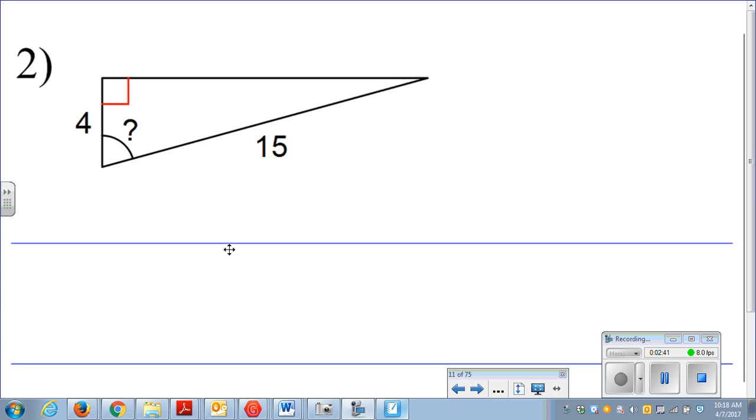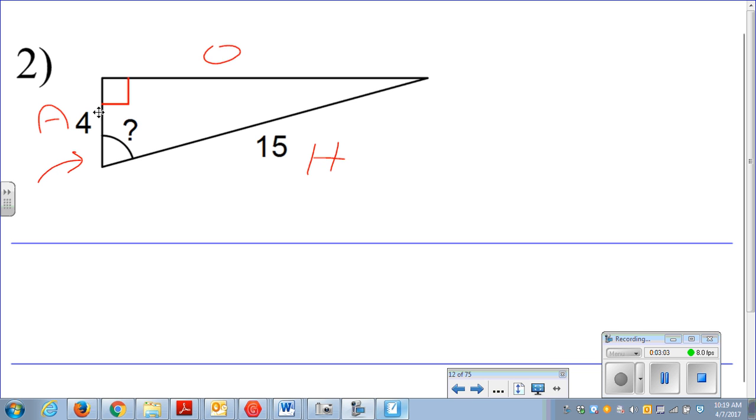On this problem, you're looking for the angle. In order to find the angle, you need to go through the steps for solving a right triangle, but skip number 3. The first step is to label the triangle with the hypotenuse, angle, opposite, adjacent. Step 2 is to pick the correct trig function.